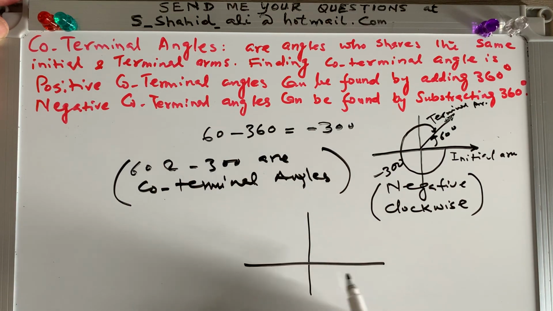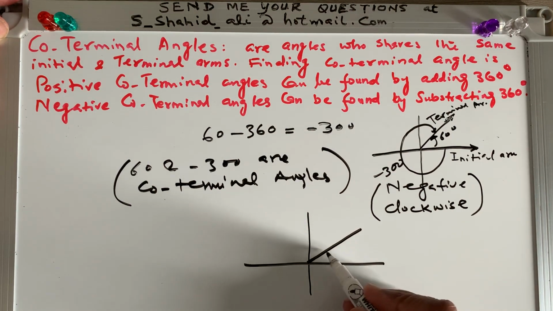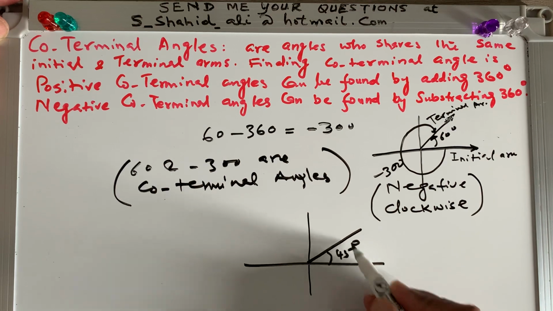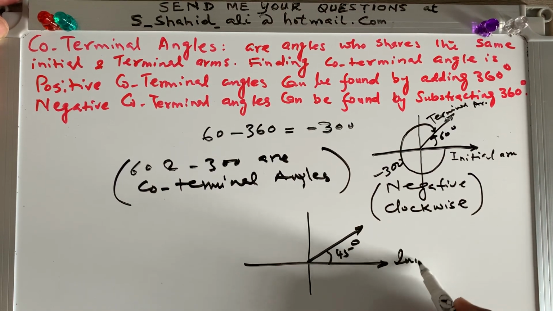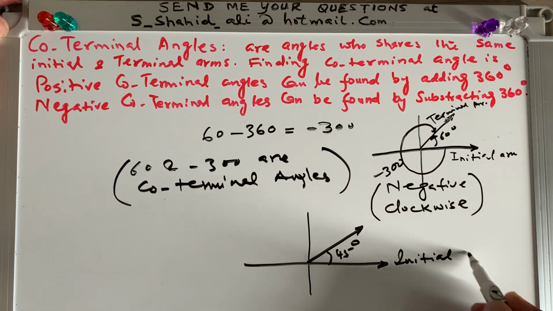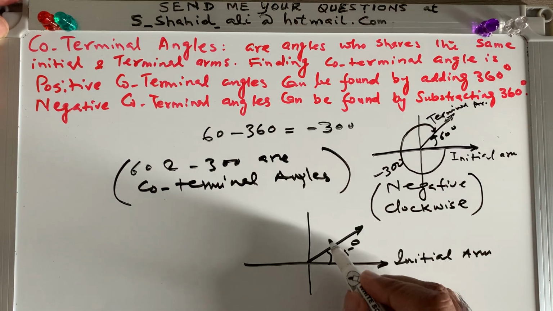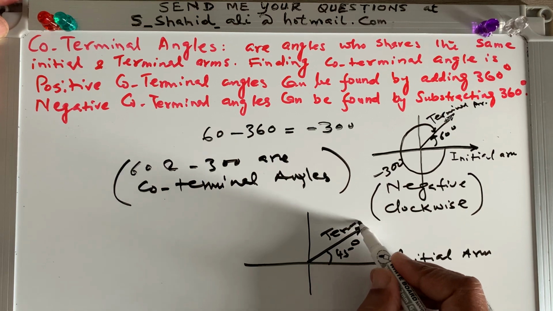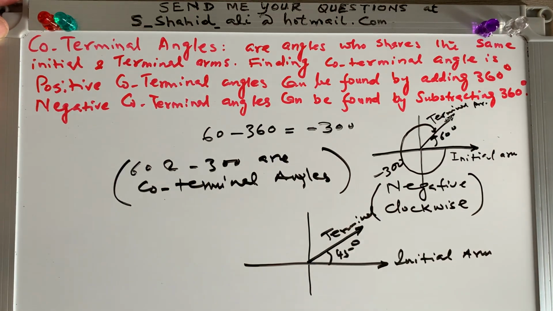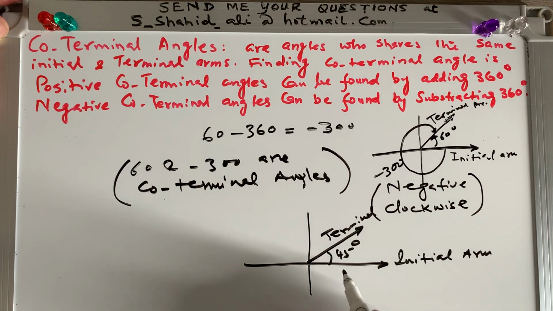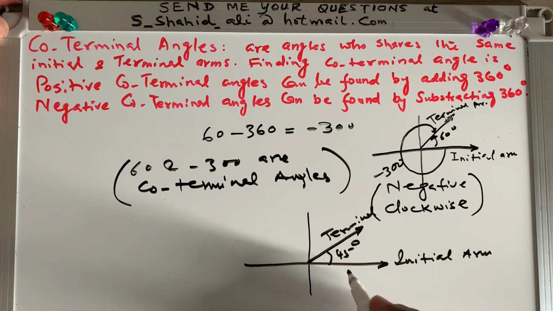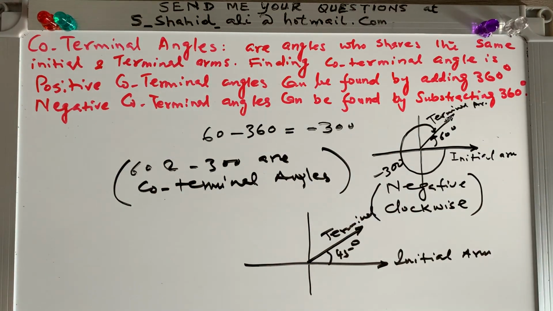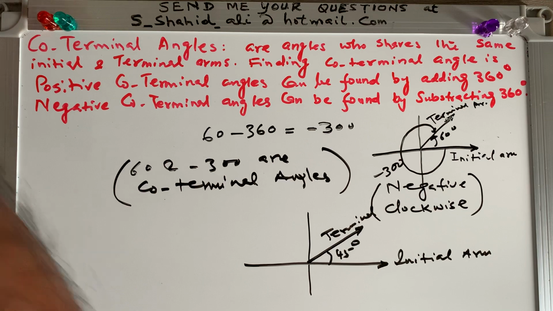Another example is, for example, I have here 45 degrees, let's say, right? And this is my initial arm, this is my terminal arm. Now what is happening? If I move for a negative angle, I have to move same as before, right? Let me take another color.